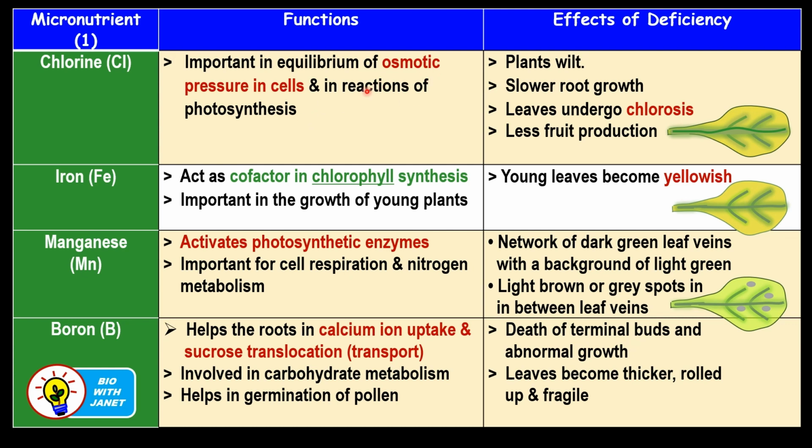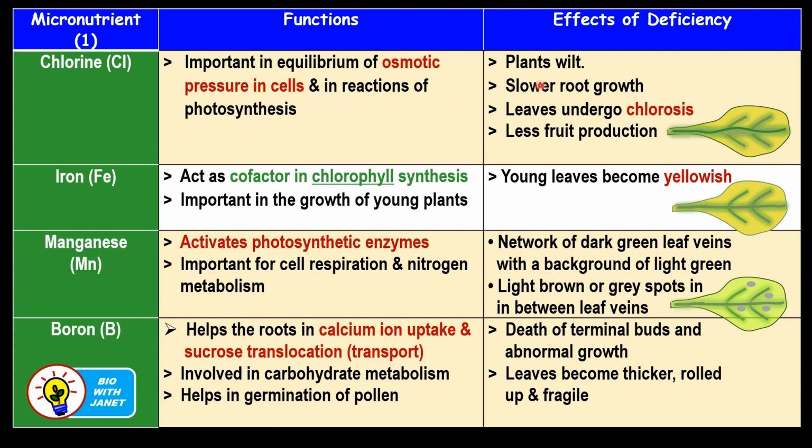So osmotic pressure in cells is dependent on the solutes in the cells. So chlorine is used to help maintain the osmotic pressure in cells and the concentration of solutes in cells. Okay, so that is an equilibrium or balance of the osmotic pressure in the cells.